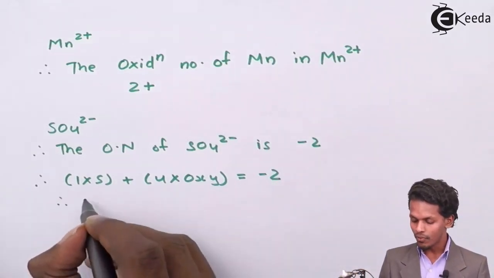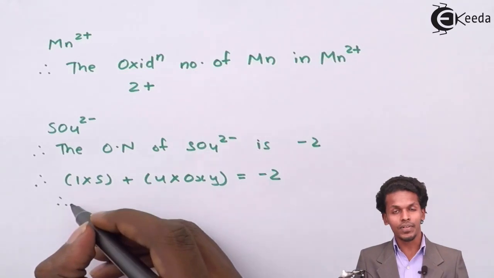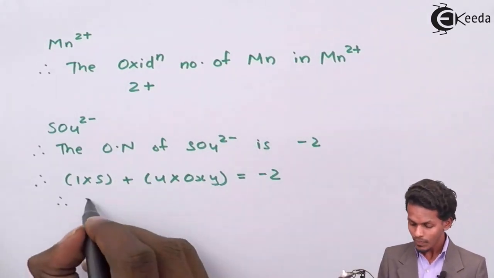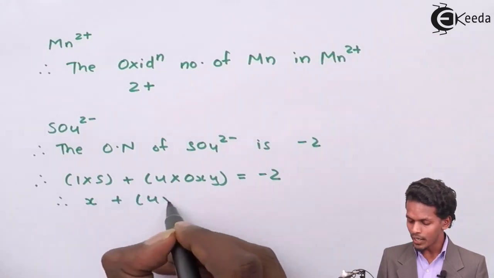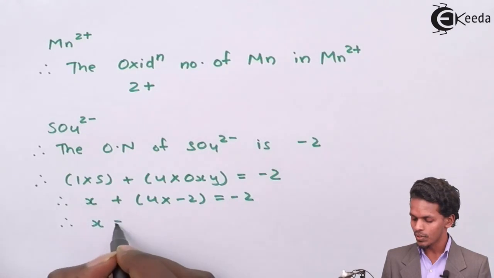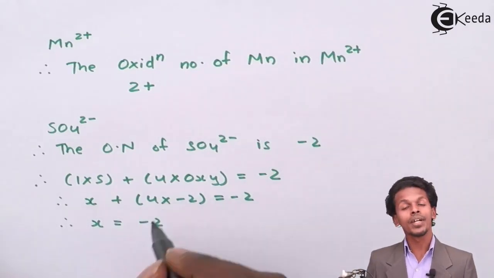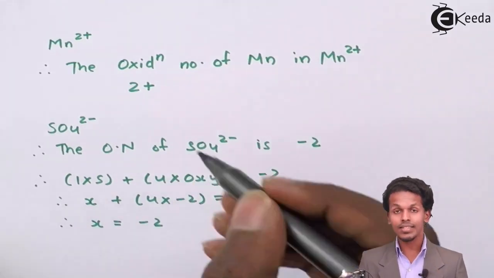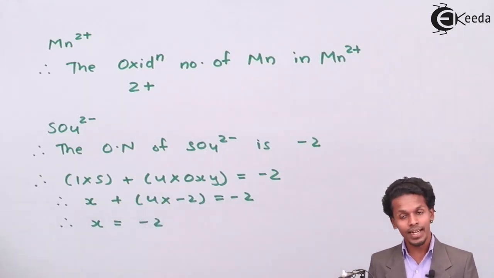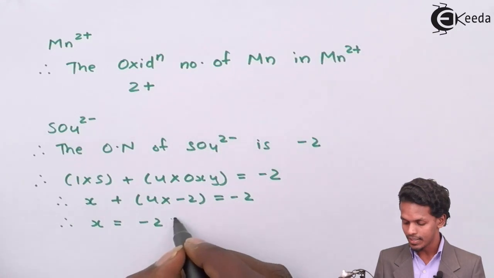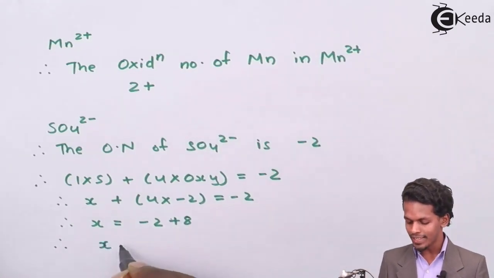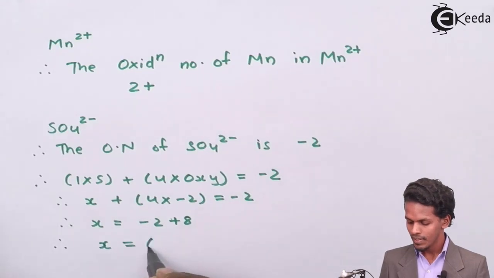So I would consider the oxidation number of sulfur as X in this case. So X plus 4 into minus 2 equals minus 2. 4 into minus 2 is minus 8, but if this minus 8 goes over to the right hand side, then we get plus 8. So therefore we have got the value of X as 6.